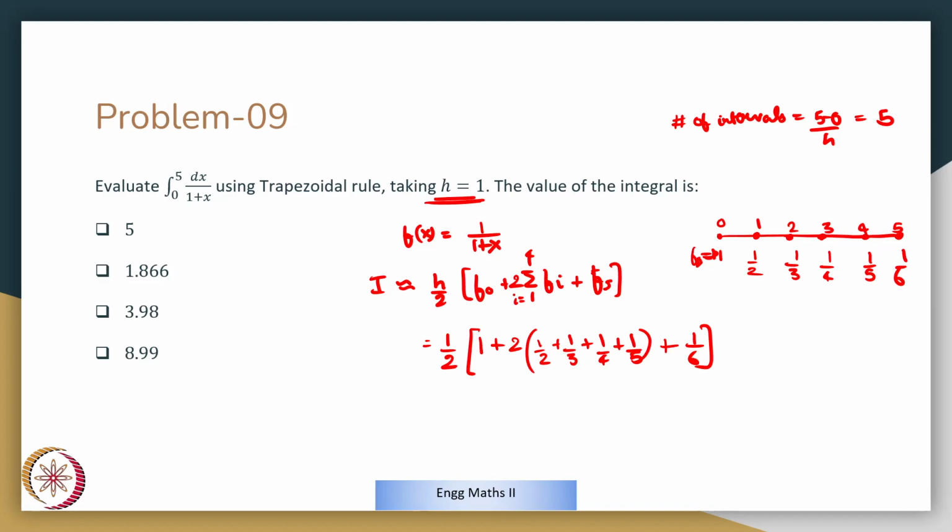If you calculate this value, it comes out close to 1.86, which is option B.